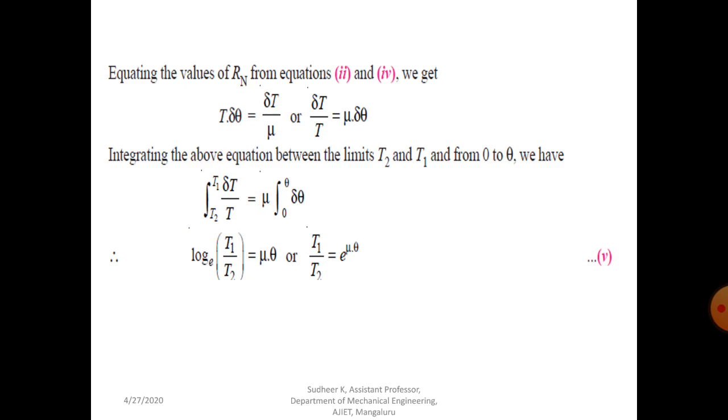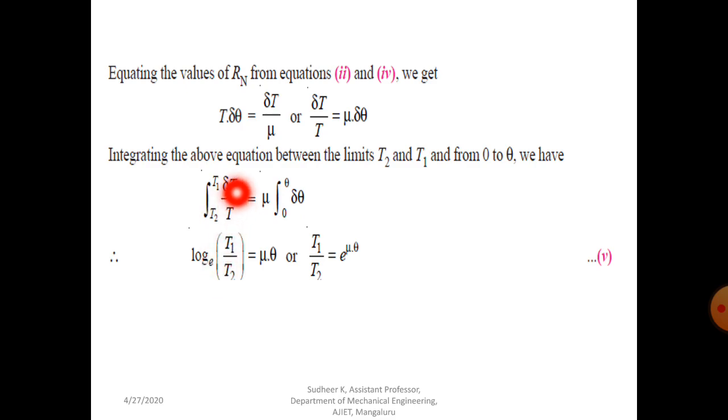T1 is nothing but the tight side tension, and T2 is nothing but the slack side tension. And again the angle you have to integrate from 0 to theta. So 0 is the minimum angle, theta is the maximum angle. So now you have to integrate like this, dT divided by T with limits from T2 to T1. Similarly mu is a constant, that is the coefficient of friction, and theta is a variable that you also have to integrate from 0 to theta.